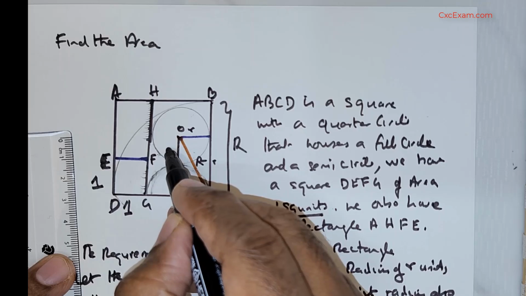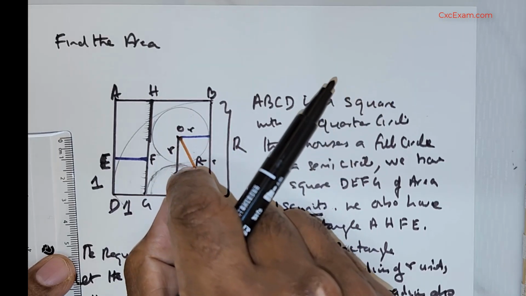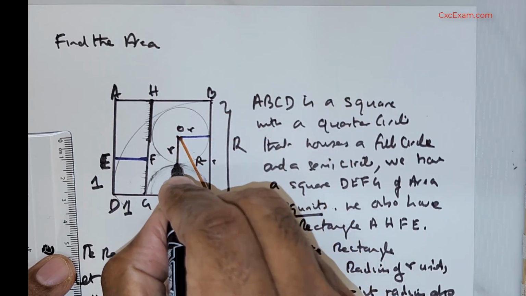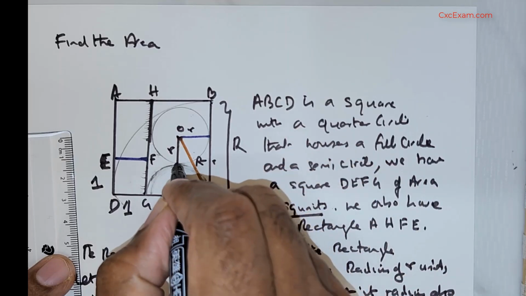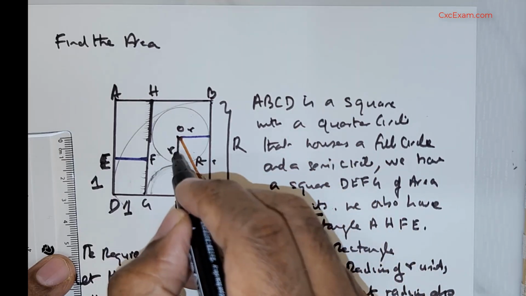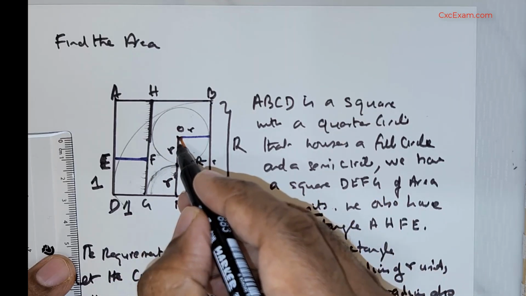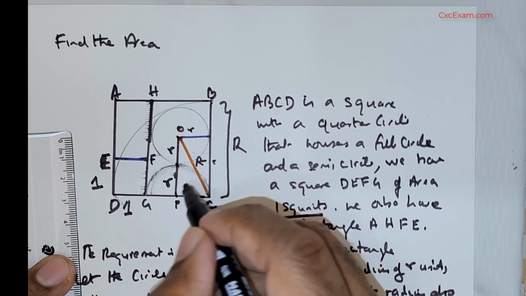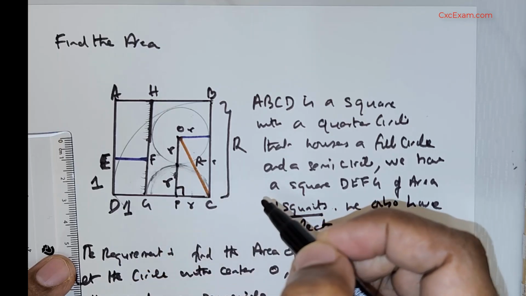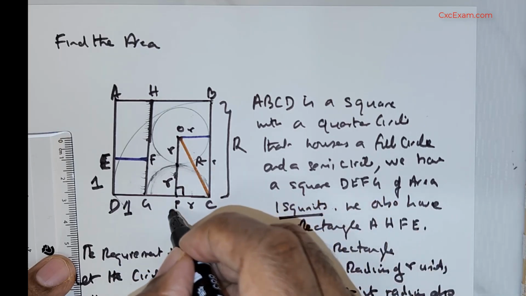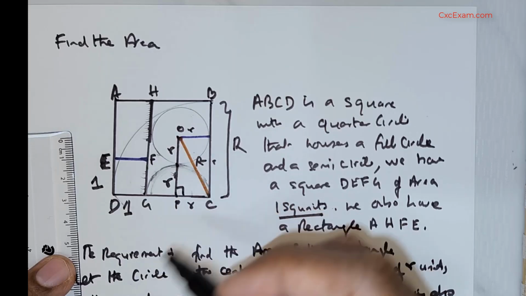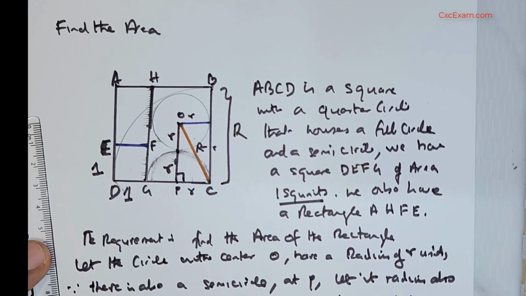Now clearly this is r, right? There is a point of tangency here. Just now I mentioned to you, there is a point of tangency here. This entire length is r, so this entire length is also going to be r. And clearly this is 90 degrees. Okay, so OPC is a right triangle.